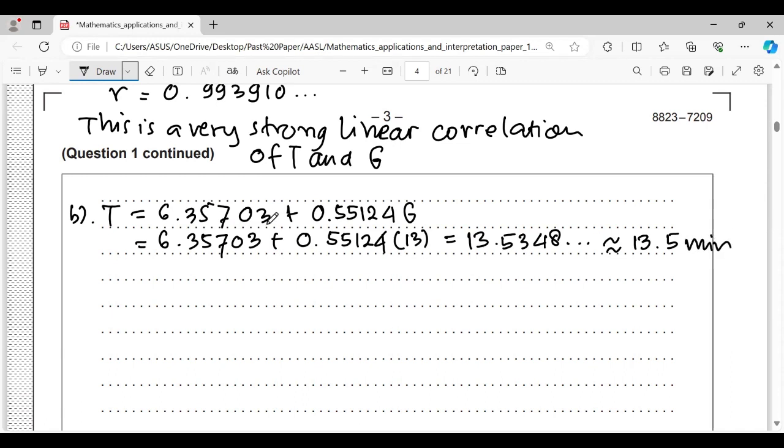So he walks 1 kilometer in 13.5 minutes. Next, C.